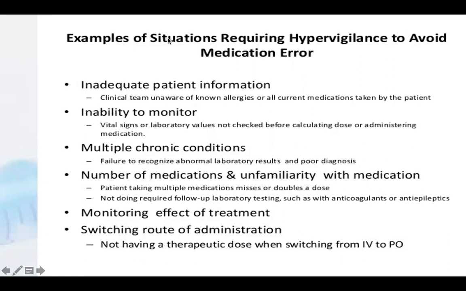There is an inability to monitor multiple chronic conditions if they are not reported. Sometimes they are taking a number of medications, so monitoring the effects of treatment is difficult. Errors can also occur when switching the route of administration, for example the dose when switching from IV to oral.